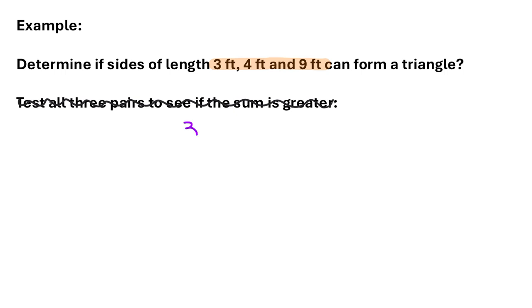Okay, so we want to add the 3 and the 4, and we want to know, is it greater than the third side? And 3 plus 4 is? 7 is greater than 9. Nah. So no triangle is possible with those 3 lengths.